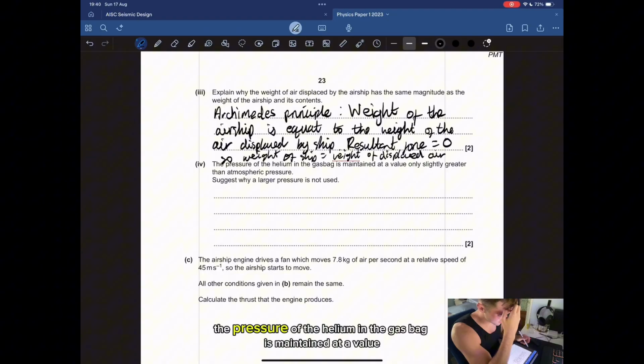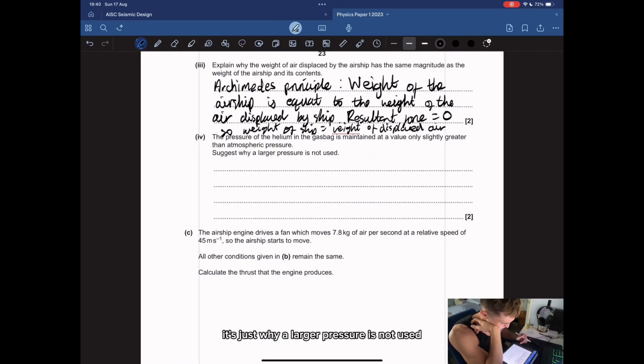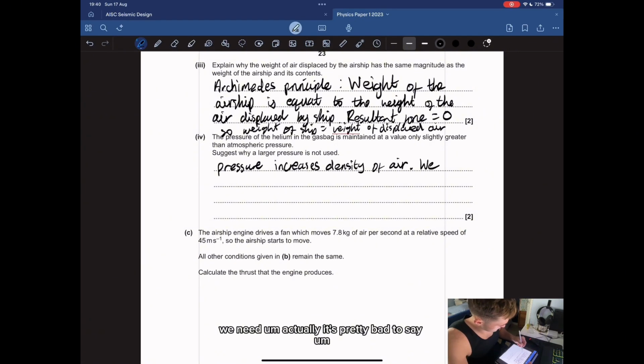Okay, so the pressure of the helium in the gas bag is maintained at a value only slightly greater than atmospheric pressure. Why is a larger pressure not used? Well, that is because pressure increases density of the air.